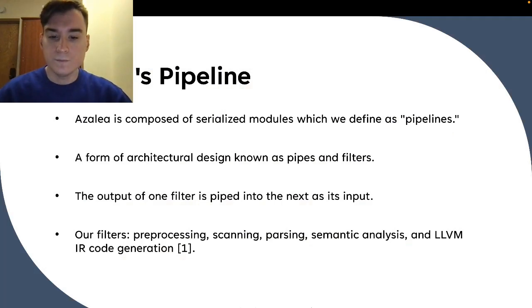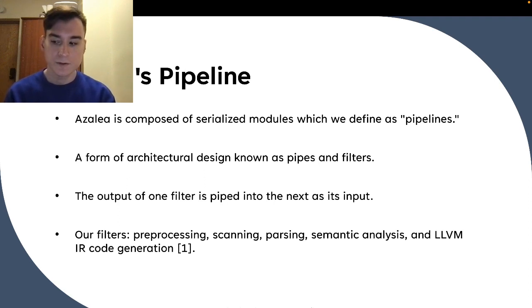So beyond the grammar, though, we actually need a compiler that implements it. And one architecture design that we've gone with is pipelines. And pipelines are a known architectural design that makes excellent use of pipes and filters. So these pipes are what connects these things called filters.